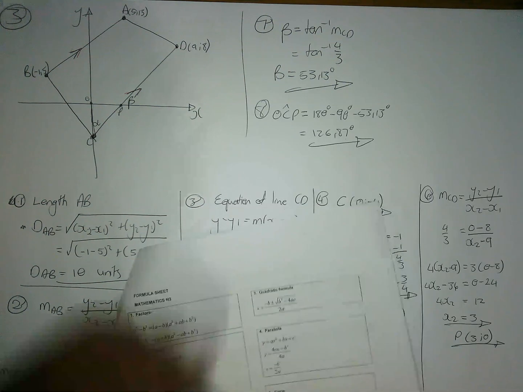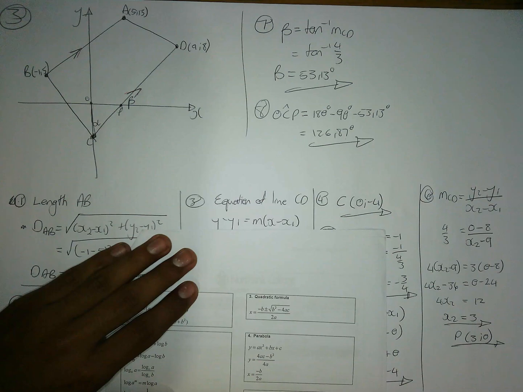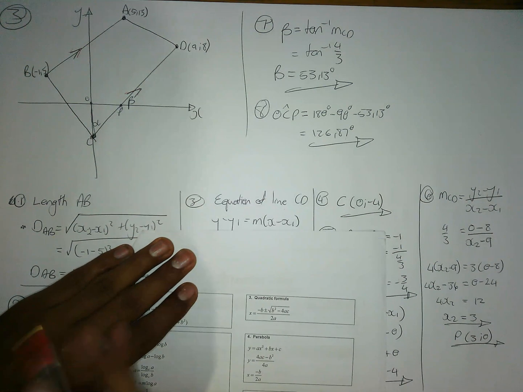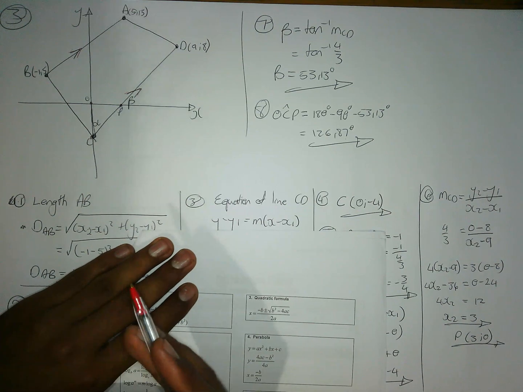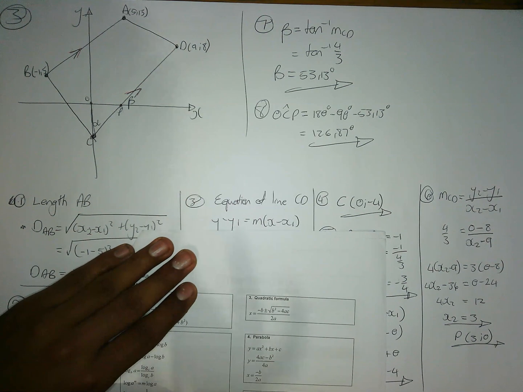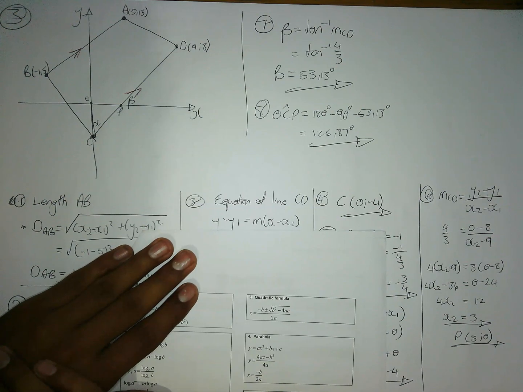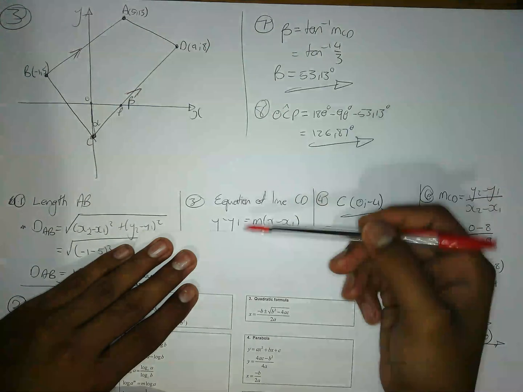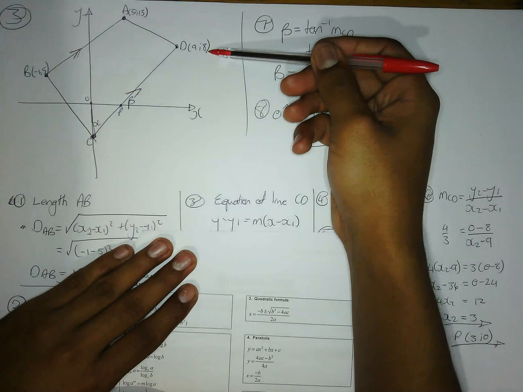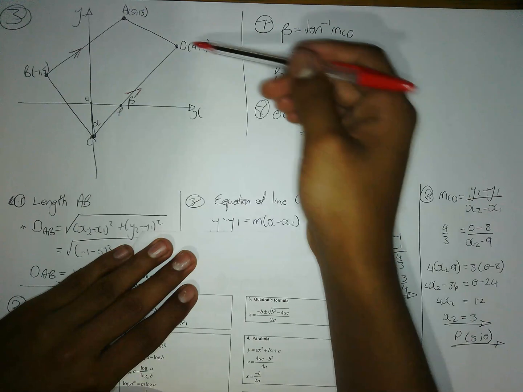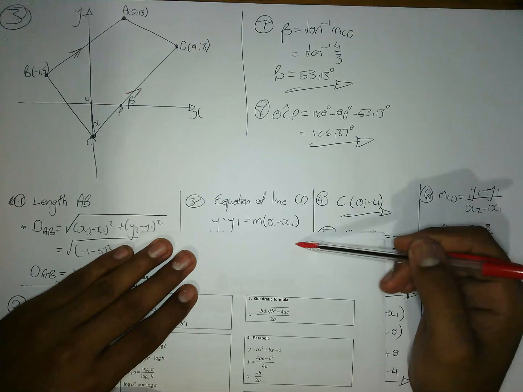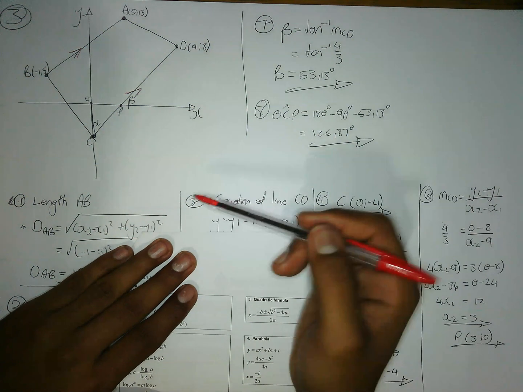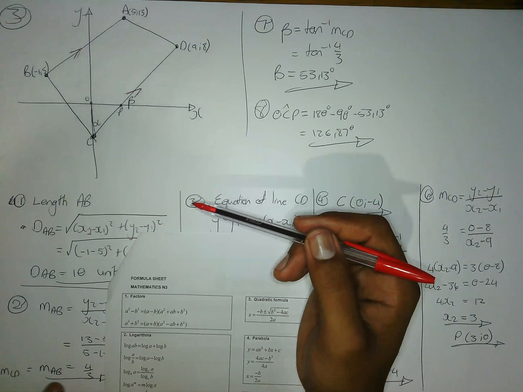You start by writing it. Then you see, what coordinates do I have on line CD? Any coordinate on line CD will do the job. So okay, coordinate D: for y1 you put 8, and for x1 you put 9. For the gradient of CD, you put 4 over 3 because we now know the gradient is the same, here at the bottom, right?